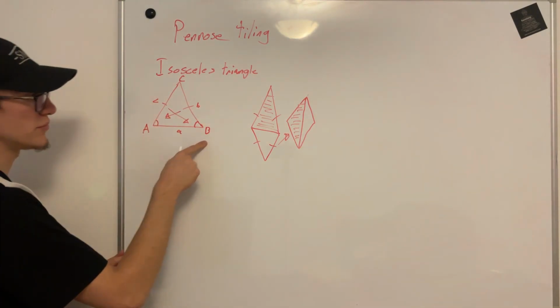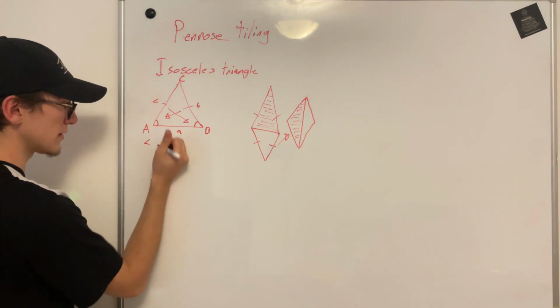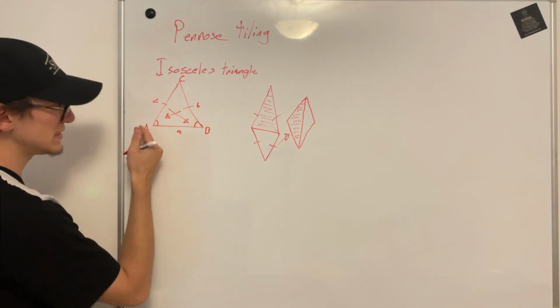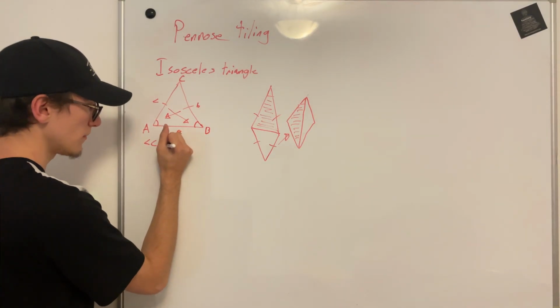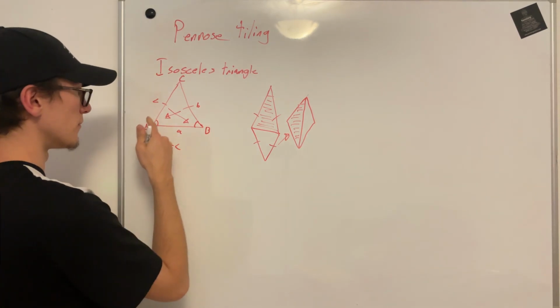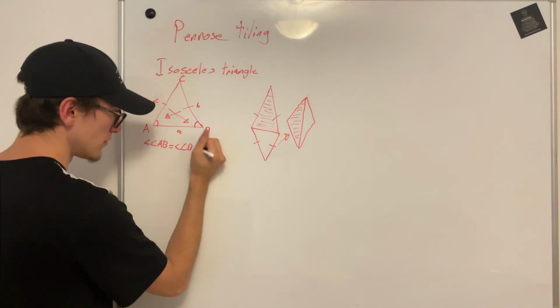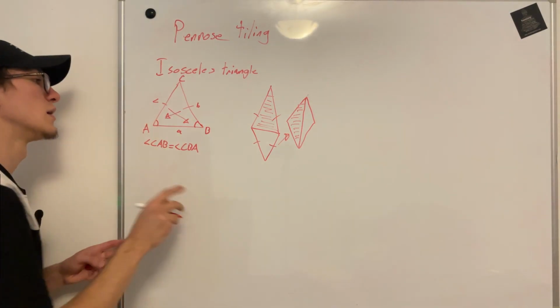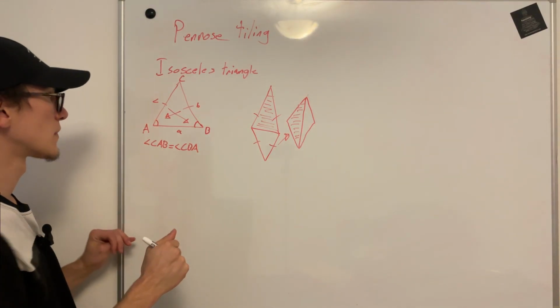Where the angles at A and B are the same. We could write this like this: angle CAB is equal to angle CBA. These are two equivalent angles.